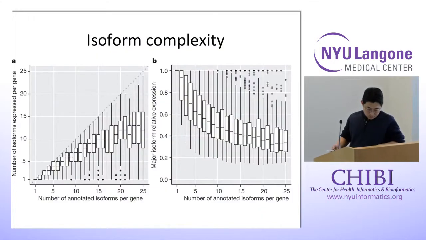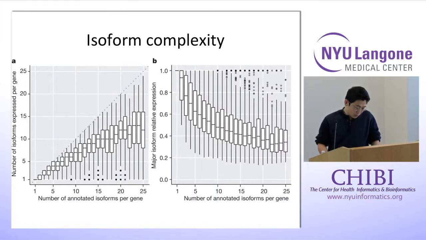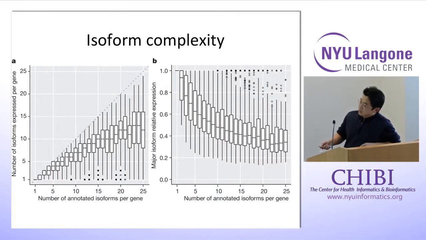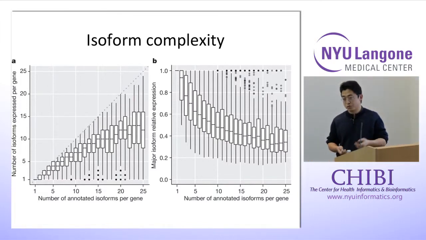This is a summary of the number of annotated exons per gene, and also the number of expressed isoforms per gene. The estimated number of exons per gene is from the genome annotation, from the alignment of EST sequences, from all different computational resources.